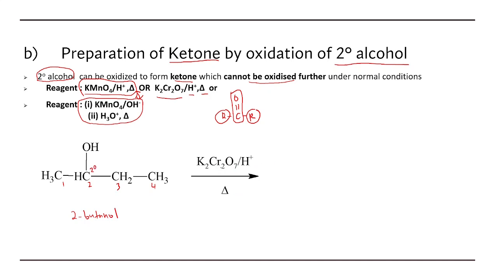So react with K2Cr2O7, H+ in the presence of heat. So what you get is actually a carbonyl compound, CH2 and CH3. So 1, 2, 3, 4. So this one is actually butanone.